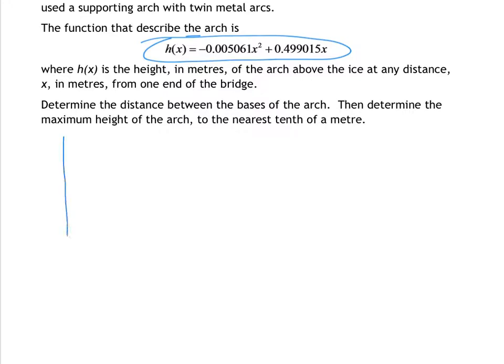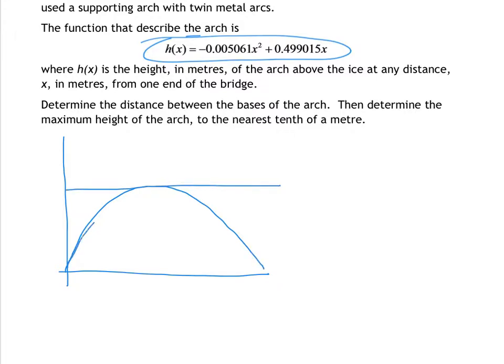So here's what this means. Here's our bridge. Here's the arch of the bridge that this is supporting. We want to know the distance between the bases of the arch.